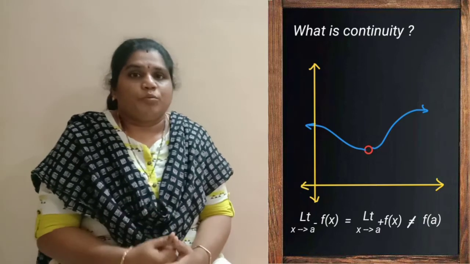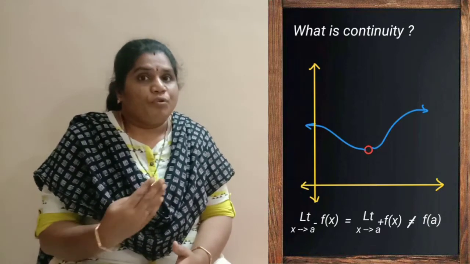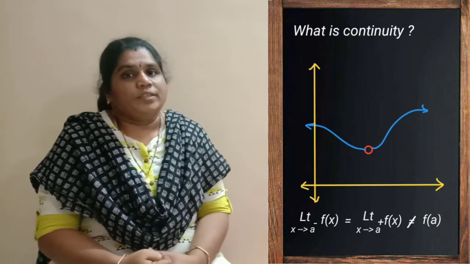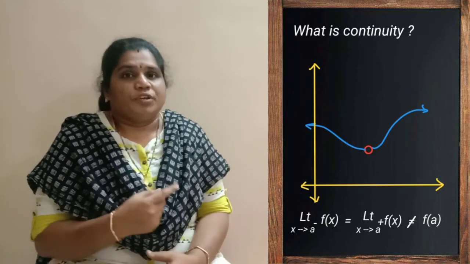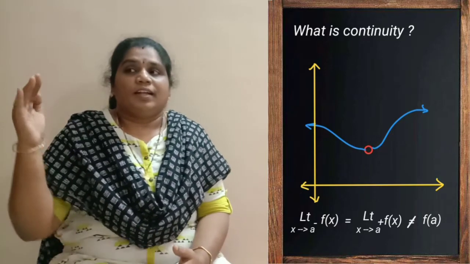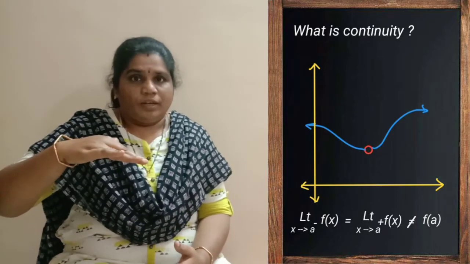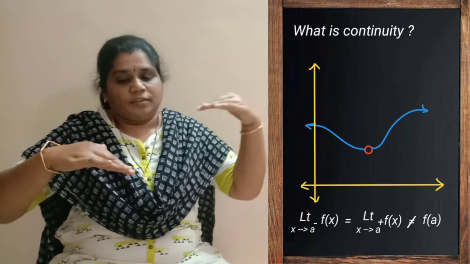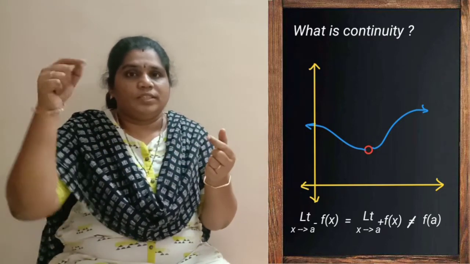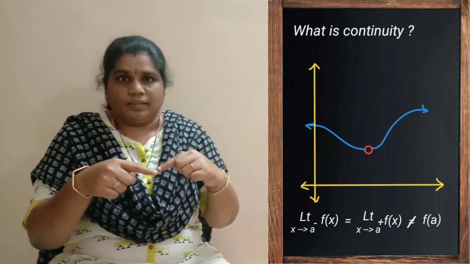Here I am going to show you four types of graph to make you understand what is continuity. First graph: you may see that the left hand curve comes over here and the right hand curve comes over here, and there is a ring between them.